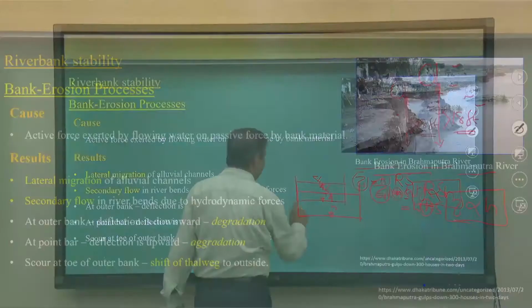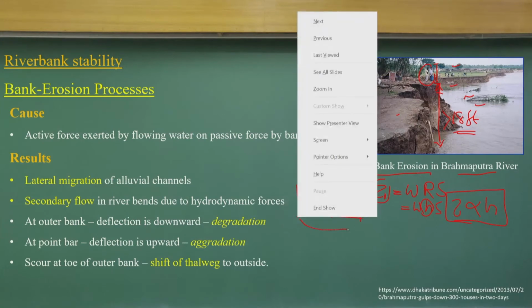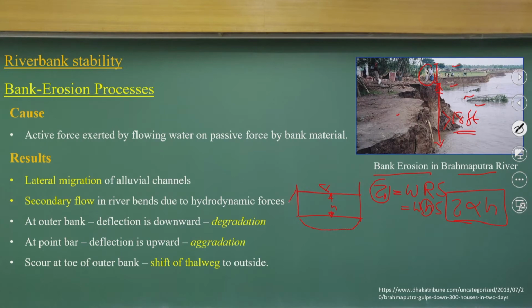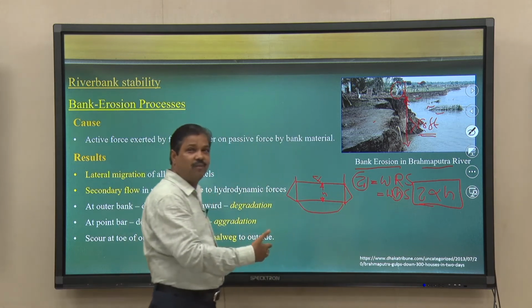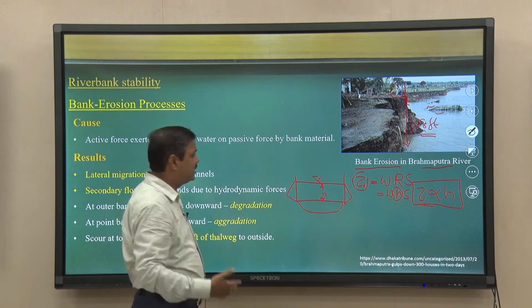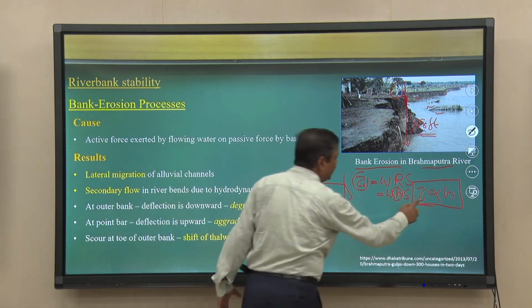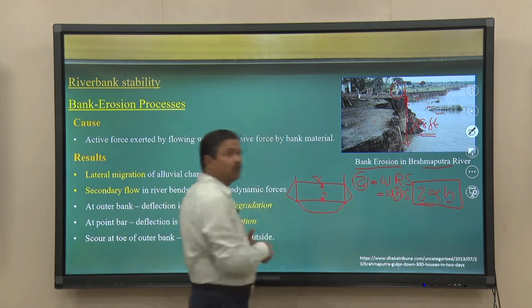But if you look at how the shear stress distribution happens, you get a shear stress distribution something like this. That is the shear stress distribution. There is shear stress acting because of the flow, because of the turbulent behavior. We know the average applied force per unit area is the shear stress acting, which is proportional to the flow depth.